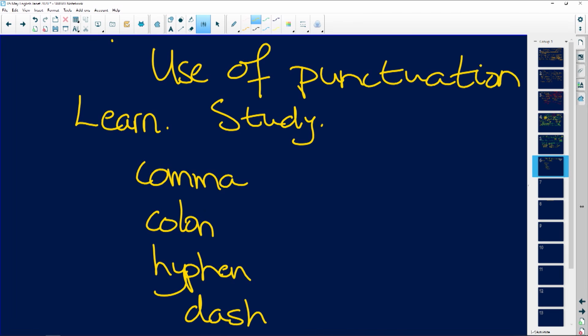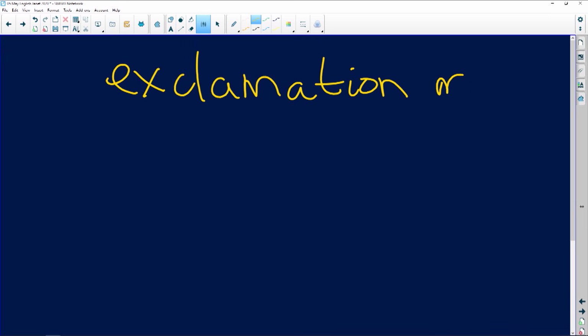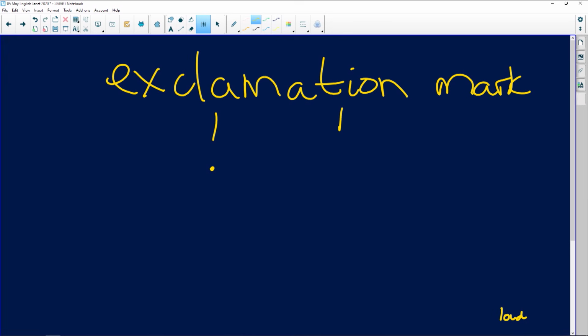But this question said the use of the exclamation mark. Now, I'd like you to be a little bit careful here. The exclamation mark should not show that it is loud because what an exclamation mark shows is feeling or emotion.